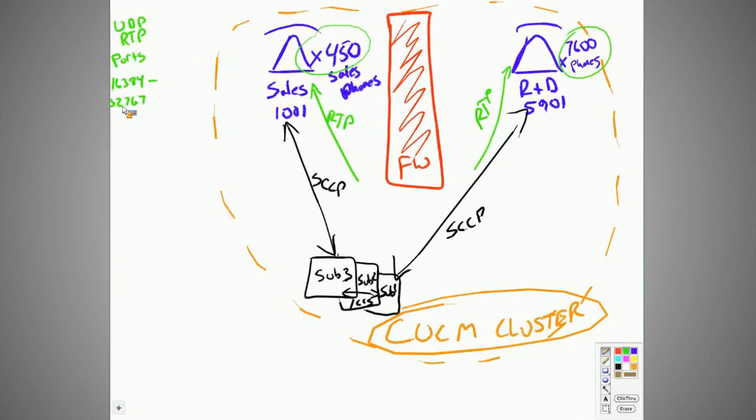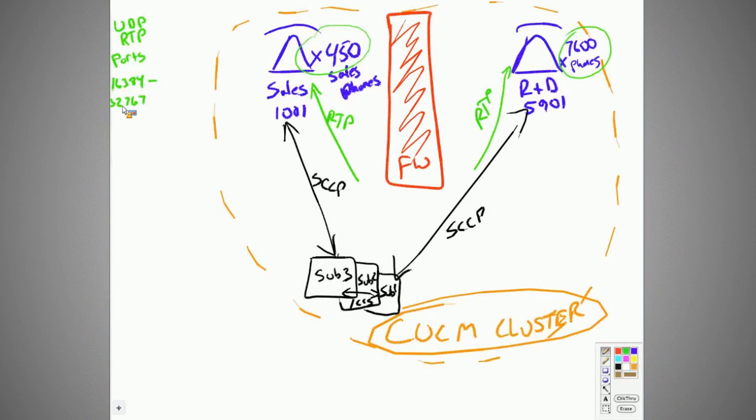So I've got 16,000 plus ports times roughly 8,000 phones. That's a lot of holes in my firewall.